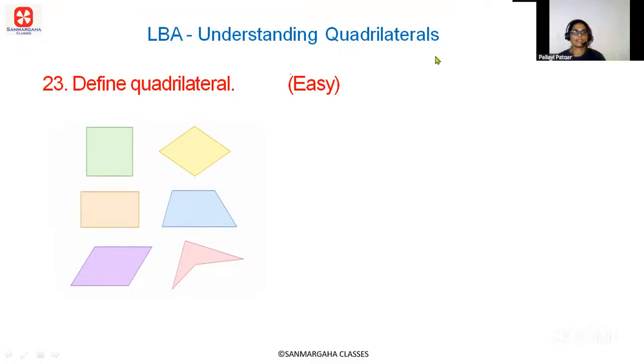Understanding Quadrilaterals. In this chapter, look at question number 23. Define quadrilateral.